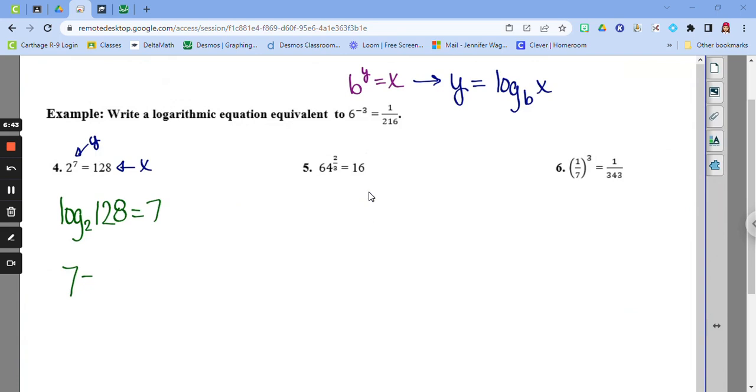You could also write it 7 equals log base 2 of 128. Okay. It's about 5. Log base 2 of 16.